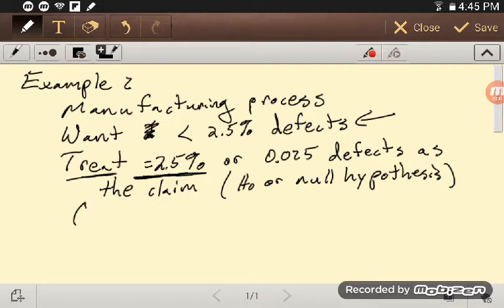So that's our claim: 0.025 defects per one item. So our proportion of defects is 0.025.